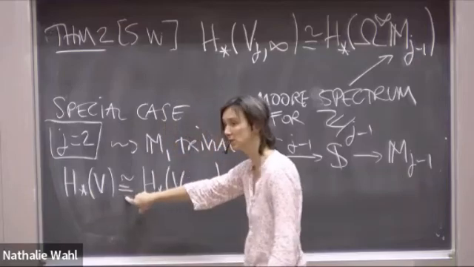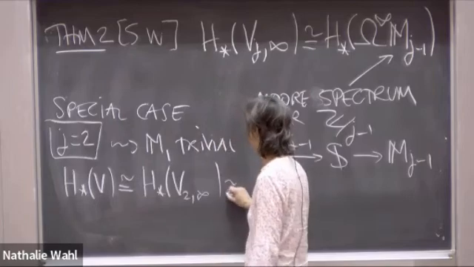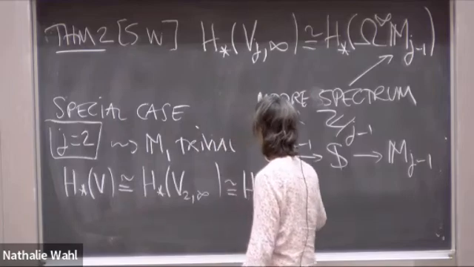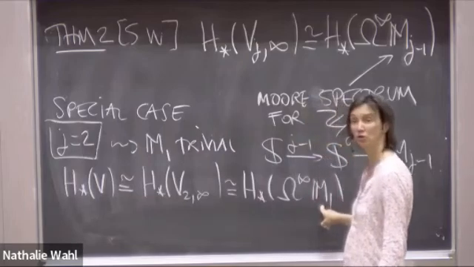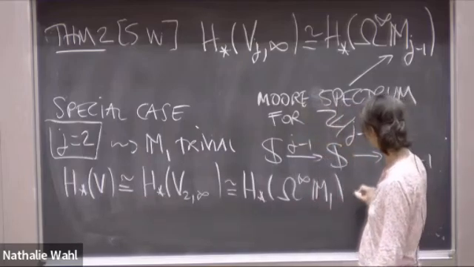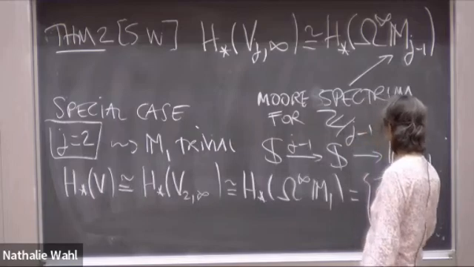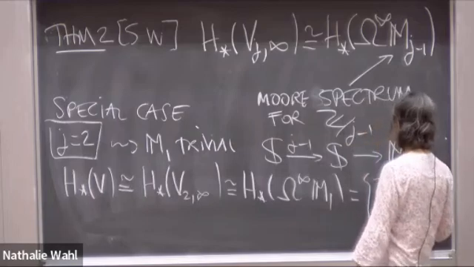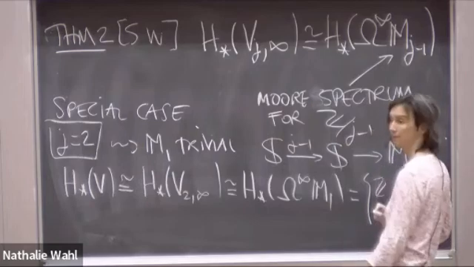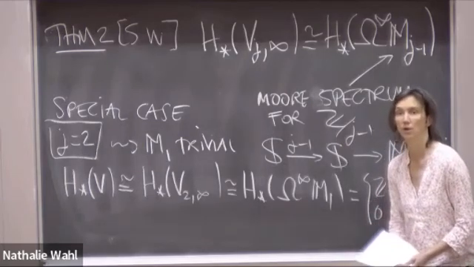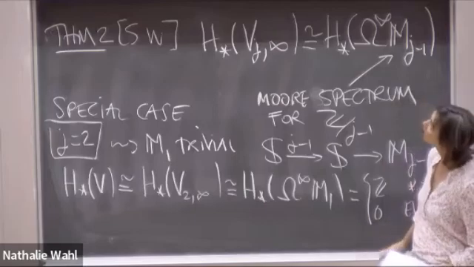This was the stability statement. This is isomorphic to the homology of loop infinity M1, but this is a contractible space. And so we get this Z in dimension 0 and 0 otherwise. Okay.